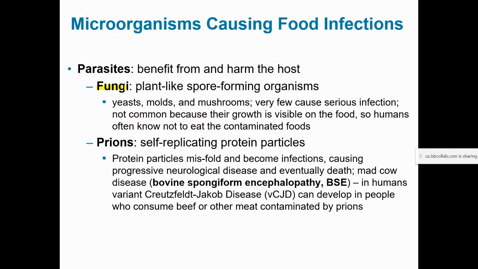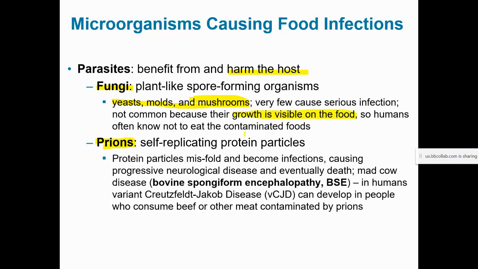Two other types of microorganisms, fungi and prions. Fungi are like yeasts, molds, and commonly well-known mushrooms. Not all yeasts, molds, and mushrooms are harmful, but of course some are. What's interesting about the fungi is that they actually cause very few serious food-related infections. Most of that is because their growth is very visible on the food.